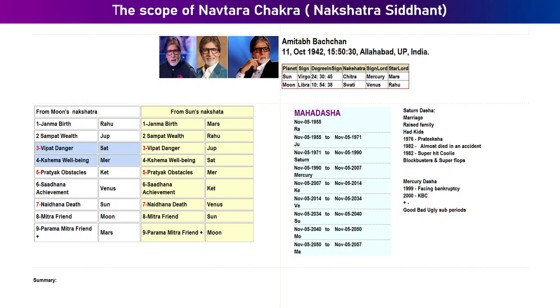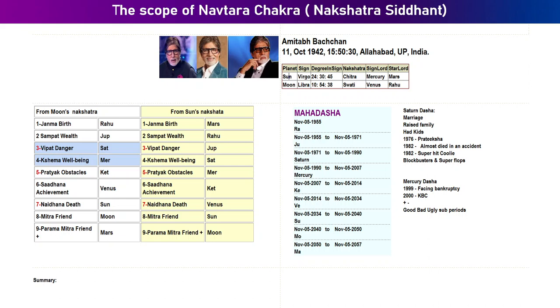and I've also mentioned the sun, because at one time when we were playing around and experimenting with the Navatara, we were also looking at the whole Navatara or the Nakshatra Siddhant distribution from the star that was occupied by the sun, as well as from the moon, and we even went further and looked into the Lagna star as well, plus all the stars that the planets were deposited into.